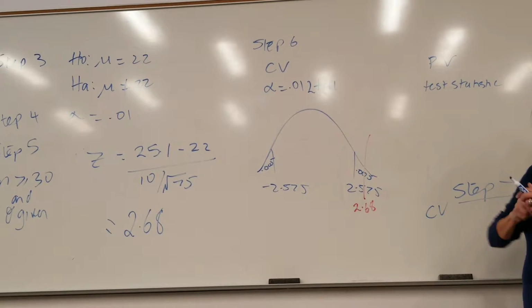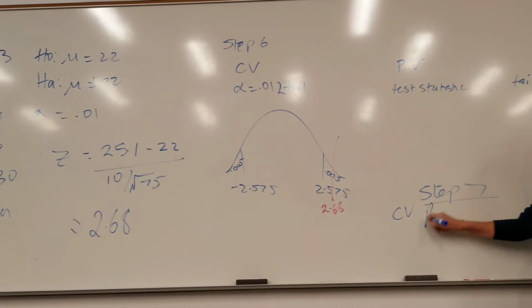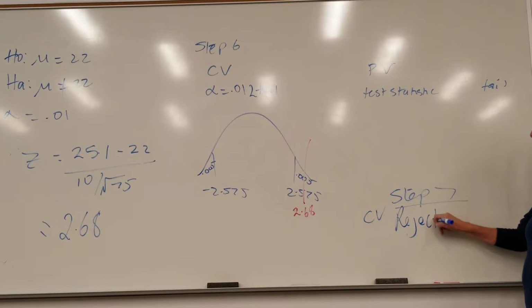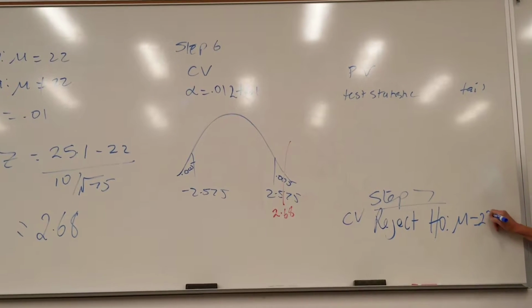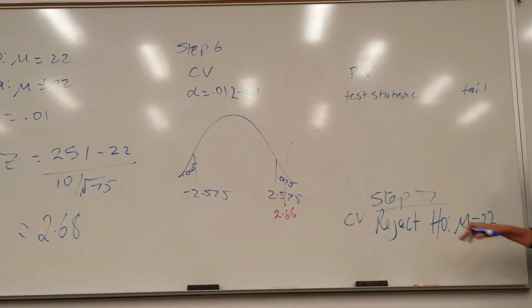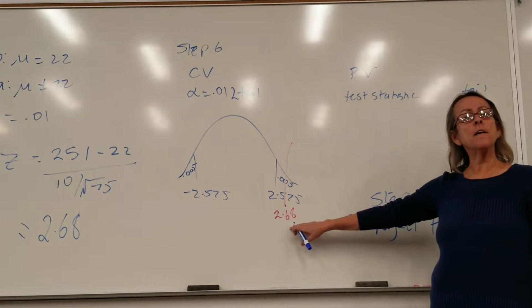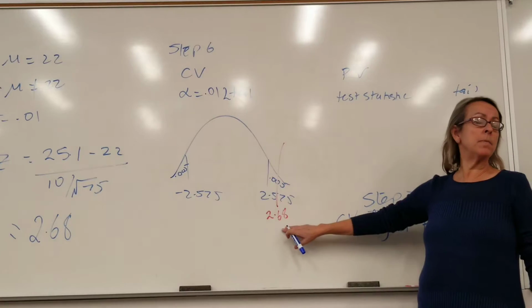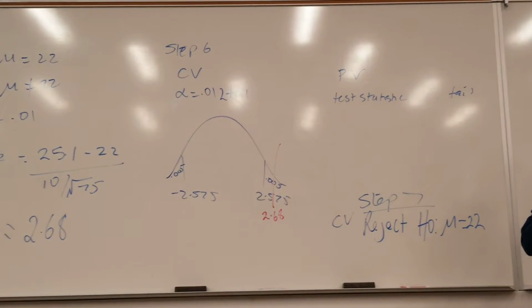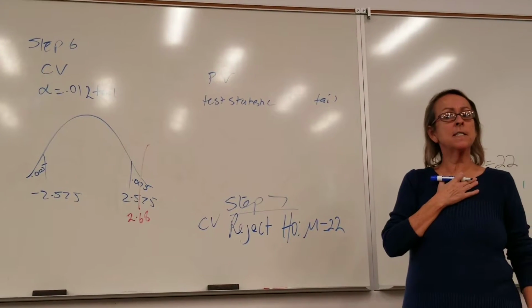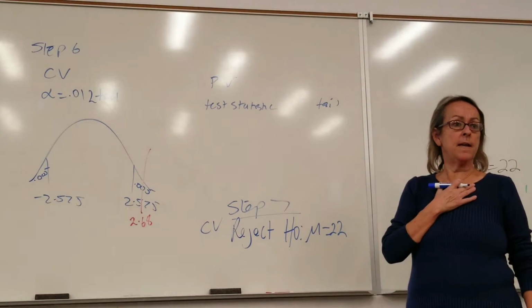So my decision would be reject the null hypothesis that mu equals 22, because I got something far enough away that I don't believe them. I got 25.1. That difference is statistically significantly different enough.